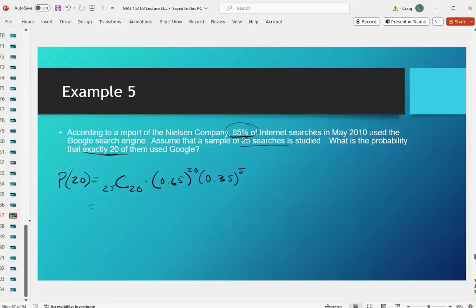Okay, and we can put all of that into the calculator again. And you should get 0.0506, or about 5%. So there's about a 5% probability that 20 of those searches would be Google.